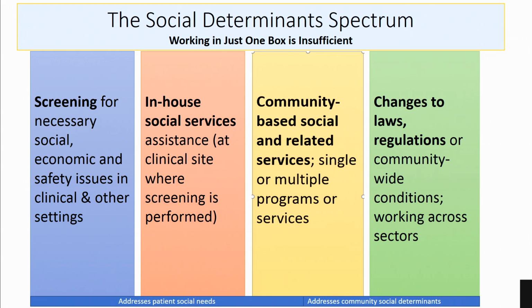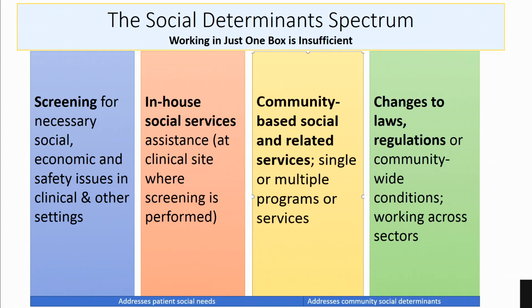The first 2 columns are pretty much exclusively those that might be thought of as the healthcare sector. They involve screening patients for social determinants of need. We're seeing a great example of that with the accountable health communities. And then the second column is referring people. And there are examples of that, health leads and others that make those referrals and help in terms of patients linking up to services in the community.